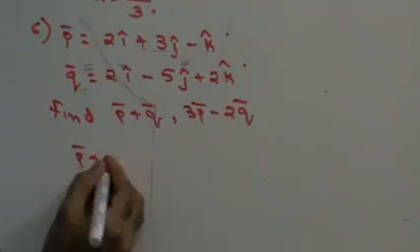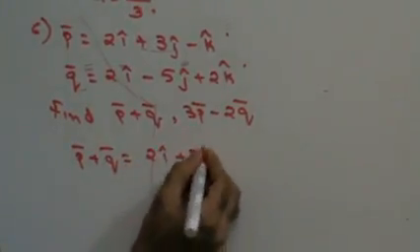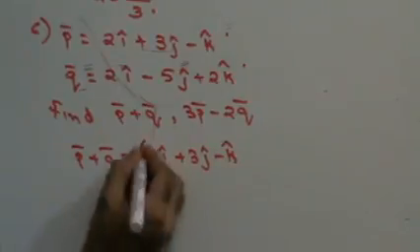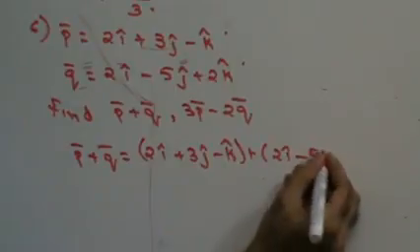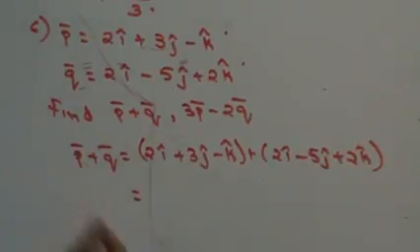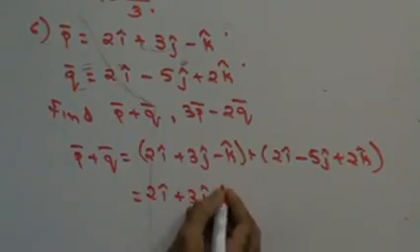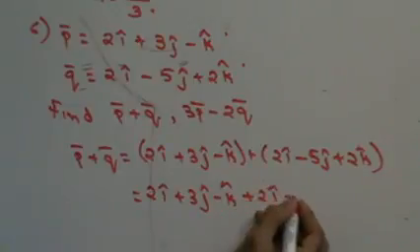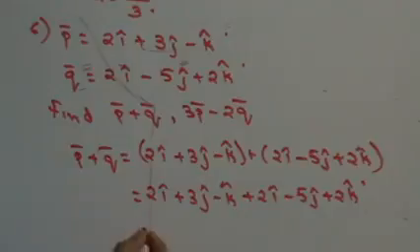Now P vector plus Q vector, simple straightforward sum: 2i plus 3j minus k plus 2i minus 5j plus 2k. So when I open the bracket, 2i plus 2i is 4i vector.